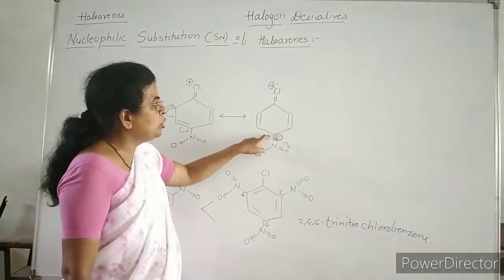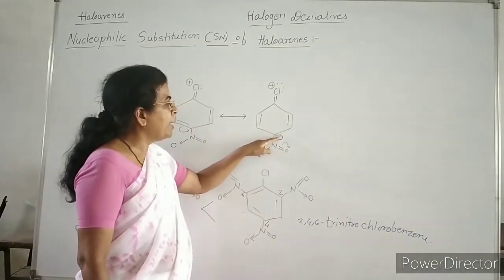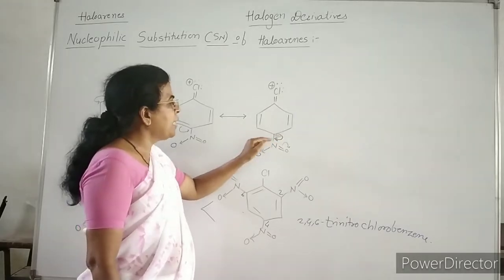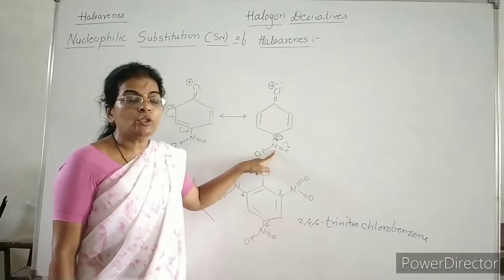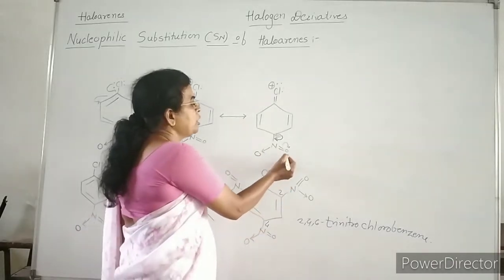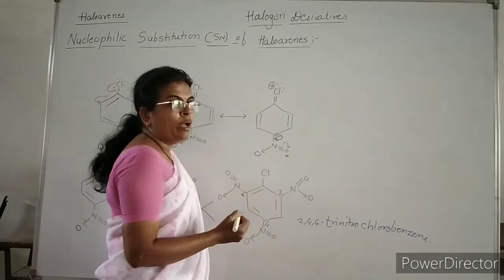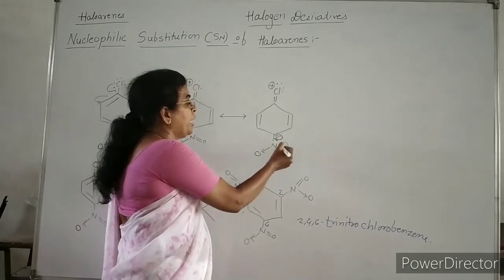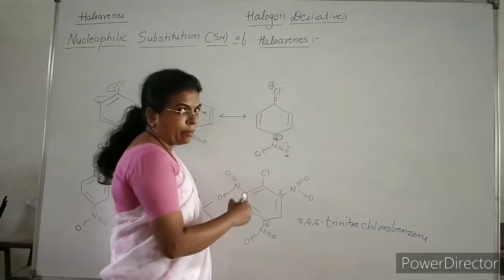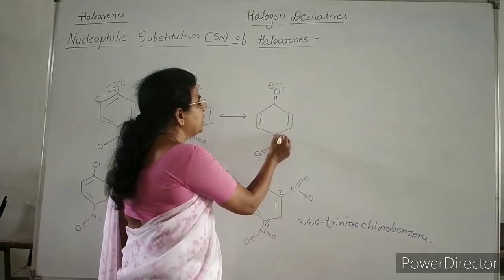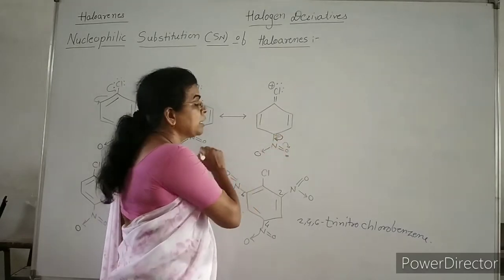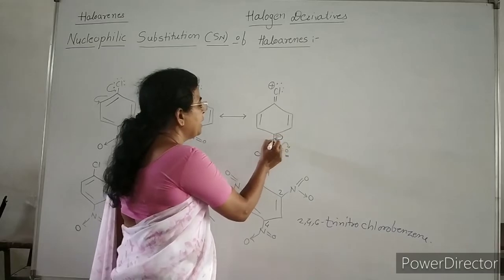Now this negative charge which is present at para carbon atom can be stabilized by this nitro group, because this nitro group is an electron withdrawing group. Oxygen atom is more electronegative and therefore it withdraws electrons from this para carbon atom towards itself, and thus this negative charge can be stabilized by this NO2 group like this.